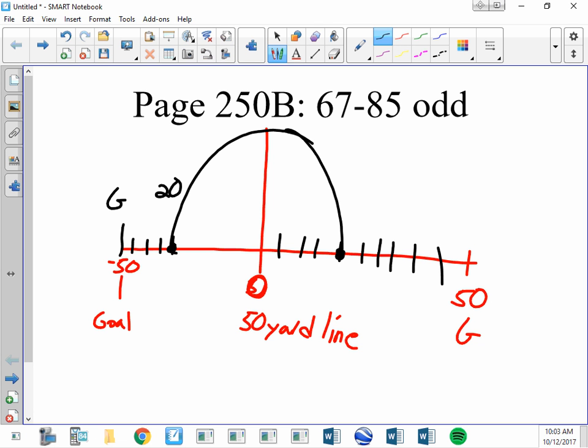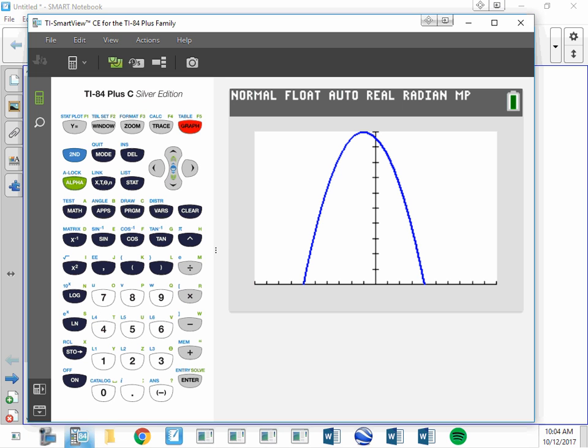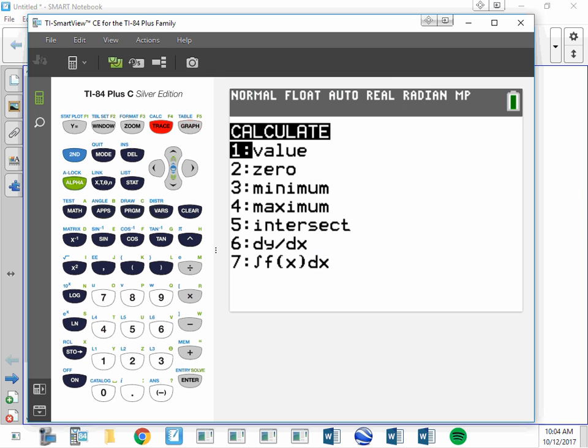So A wants to know, what is the maximum height? I know it's 40. How come? No, plus 40 is the y-intercept, right? But the y-intercept is not actually the maximum. So we need to find the vertex. So second calc maximum.